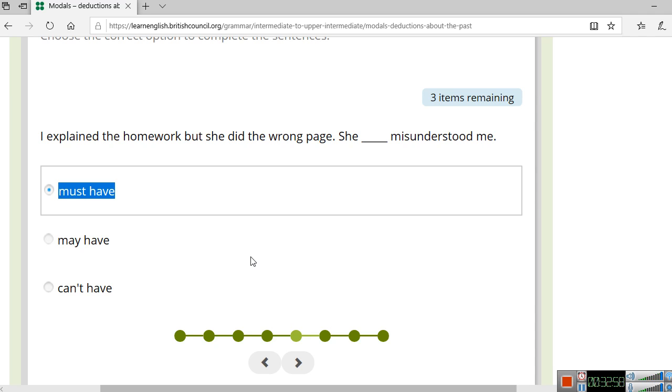Because in the first sentence, the person said that he made the error, yes, and the other person understood that it is a must, it's an obligation, or it's an obligation to understand the error.